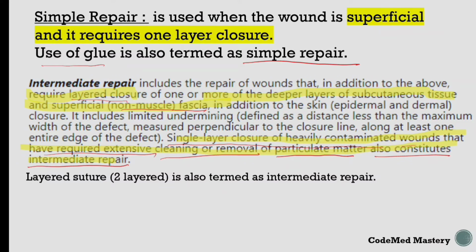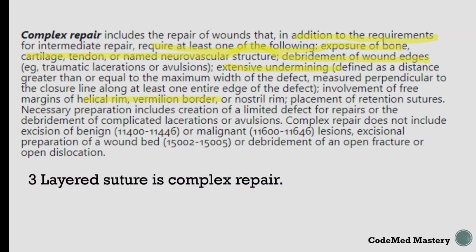These guidelines are present in your CPT book, so please highlight all these things. The main terms you have to check in order to code intermediate repair is it requires layered closure and single layer closure of heavily contaminated wounds, and also layered suture, that is two layered suture, is also termed as intermediate repair.